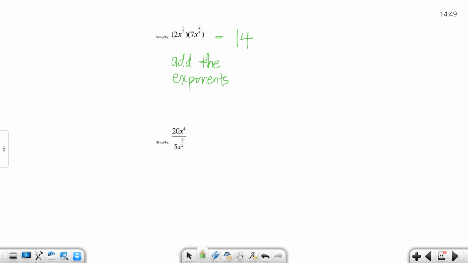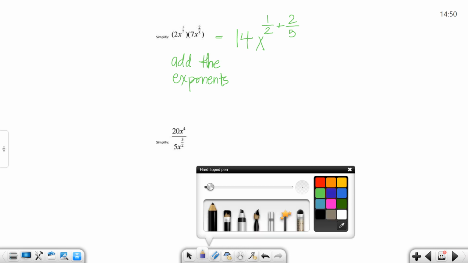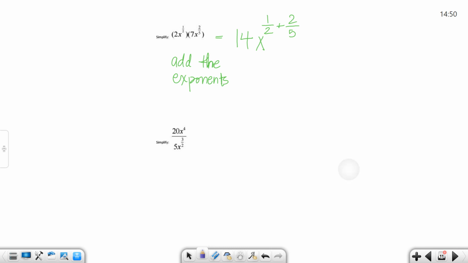Okay? Now bear with me, it's not writing well. So if I add these exponents, I'm going to have 1/2 plus 2/5. Okay, 1/2 plus 2/5. In order for me to add those, I need a common denominator.